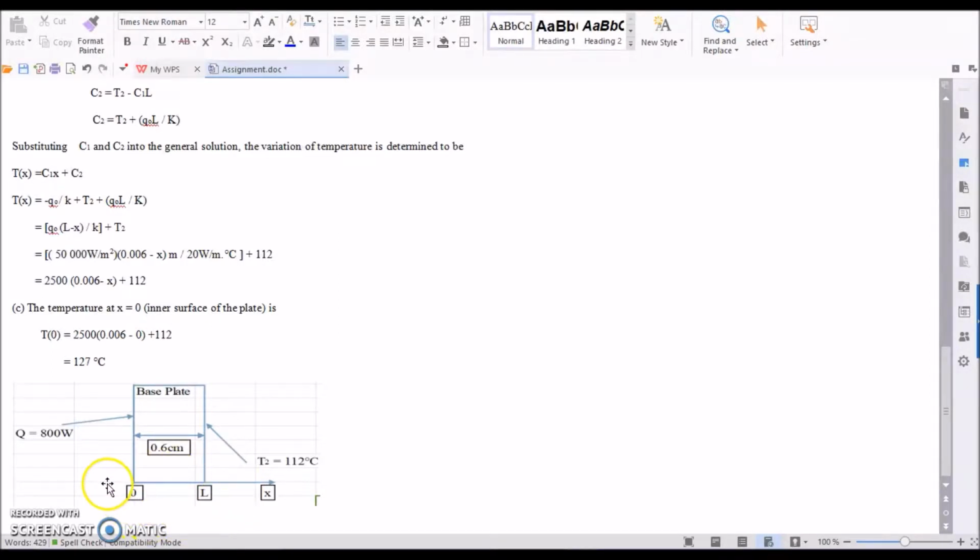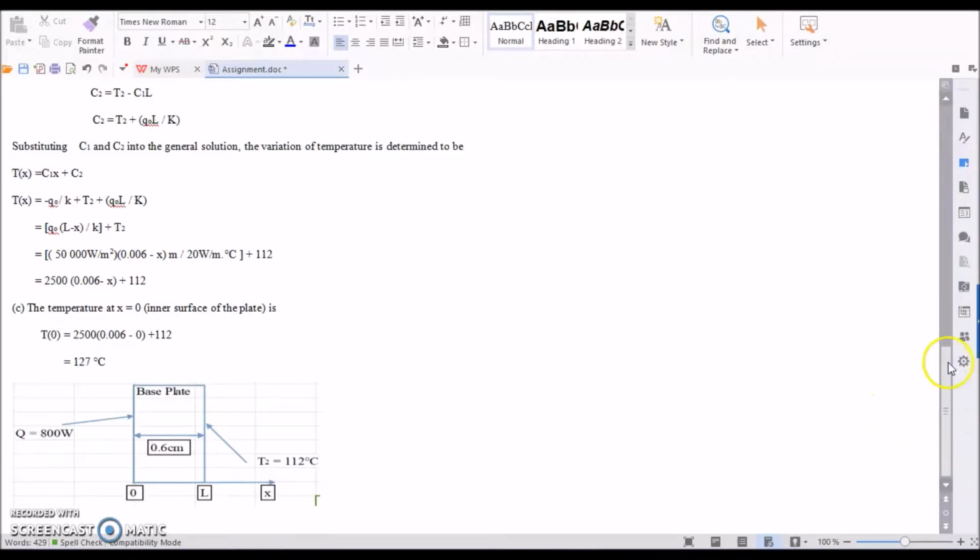We start with x equals 0. For the outer surface, which is the right side, the boundary condition given is T2, which is 112 degrees Celsius. And the x is L. x is the thickness again, so x is L.